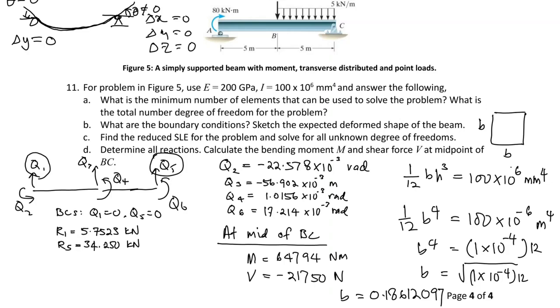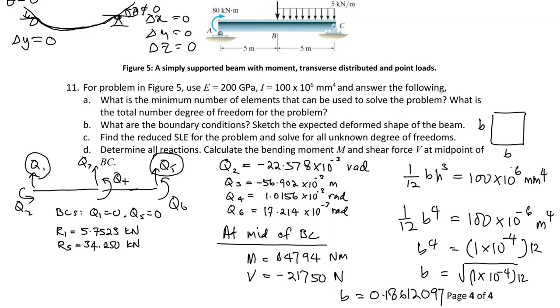Now that we know our displacement and our reaction are correct, what other information do we need to find? We need to find our moment and our shear at the midpoint of B and C. The solution is already given here as 64.794 kilonewton meter and 21.75 kilonewton for the shear.